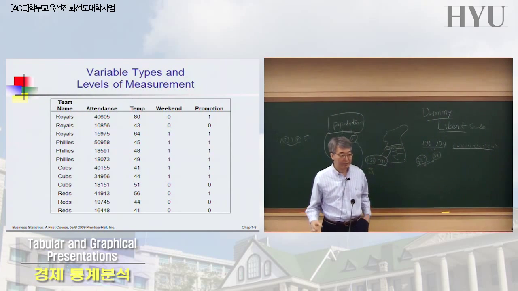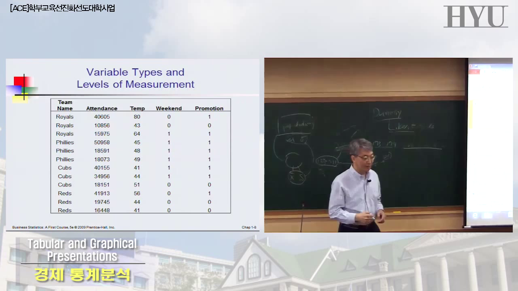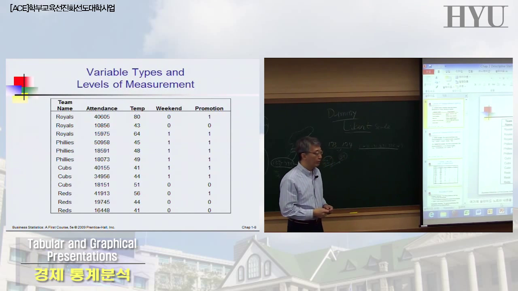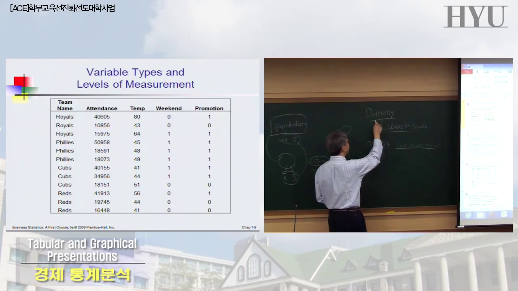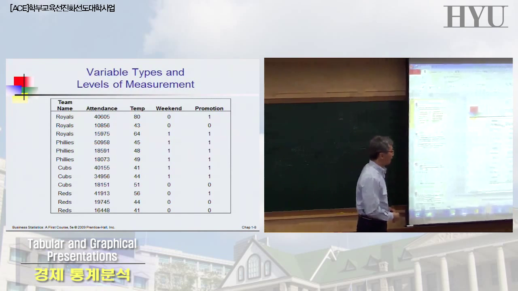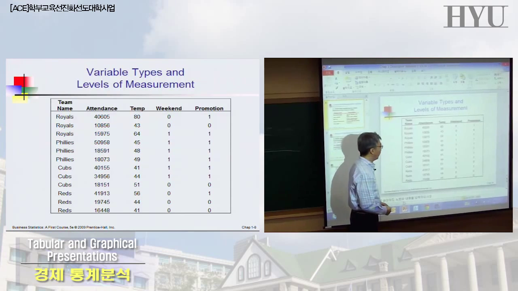It's a puppet, right? It's a kind of a doll. It's not a real variable. So we artificially assigned numbers to this variable.